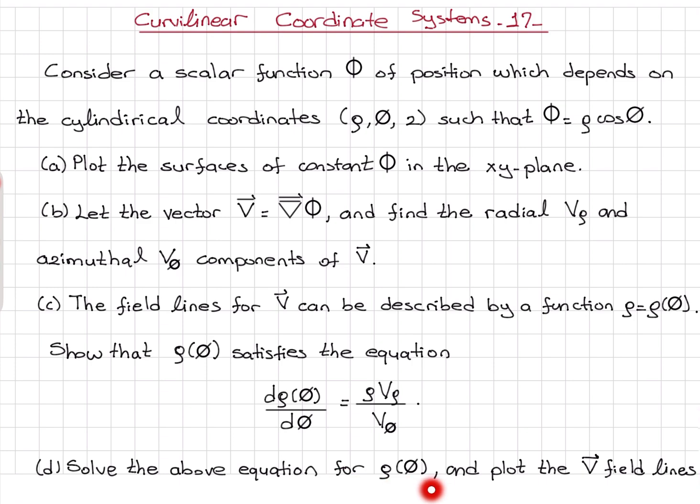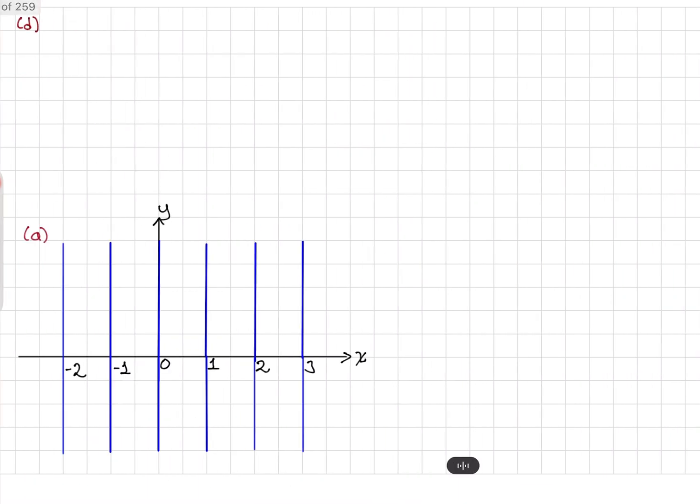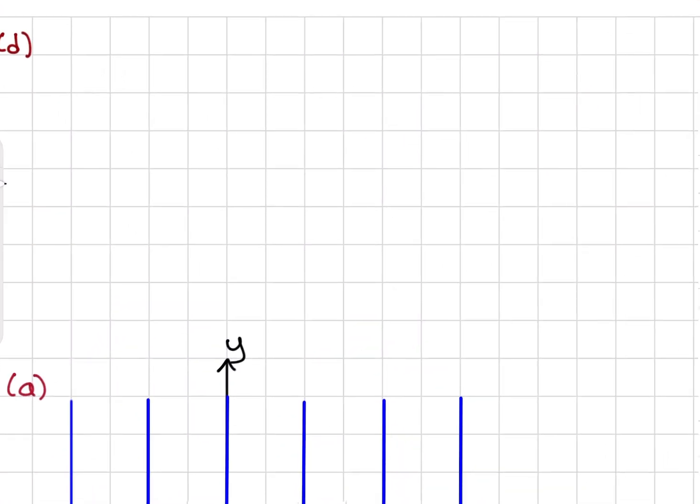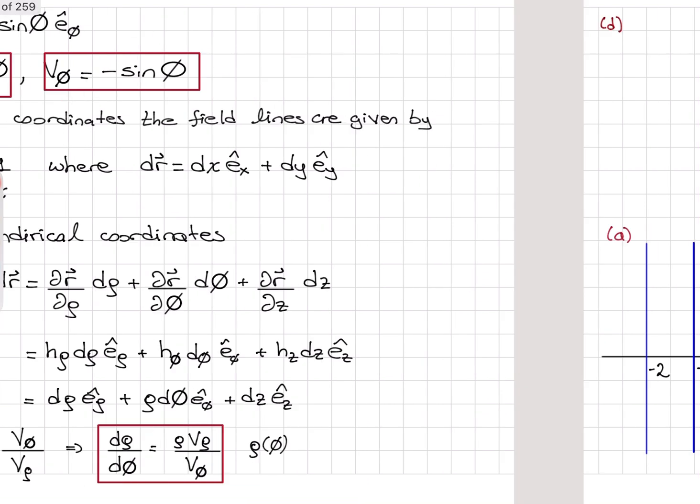Now part C says solve this equation and plot the field lines. So if I solve this equation, I can collect rho on one side: d rho over rho is v rho over v phi d phi, but v rho is cosine phi, v phi is minus sine phi.